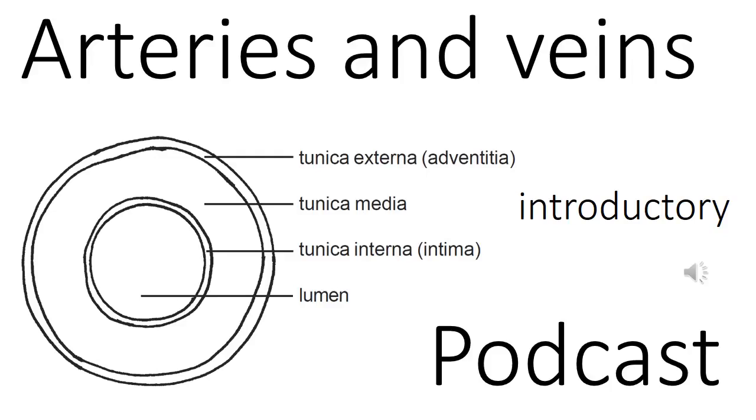And there are further differences between arteries and veins. Arteries do not have valves, whereas veins do have valves. Especially the veins in the arms and the legs have important valves. These valves allow the blood to flow from the periphery towards the centre of the body, but prevent regurgitation of the blood back from the centre of the body towards the periphery. Valves, as always, are a structure which ensures one-way flow.